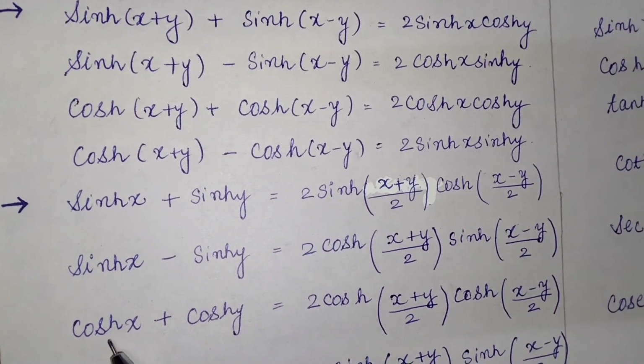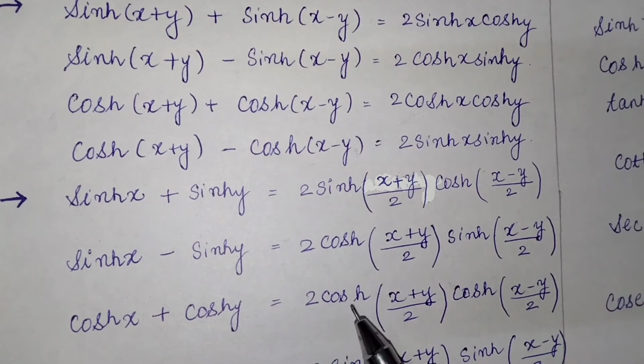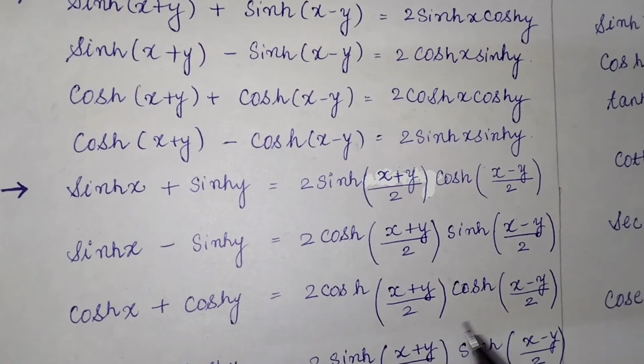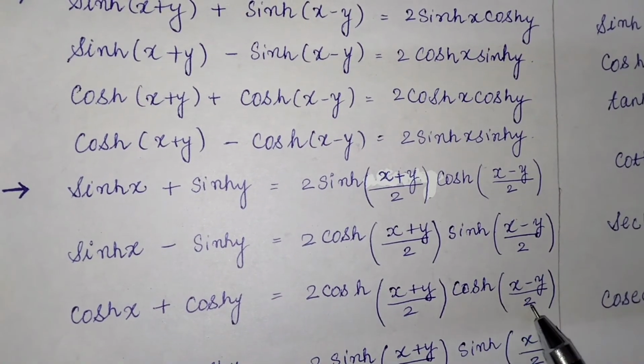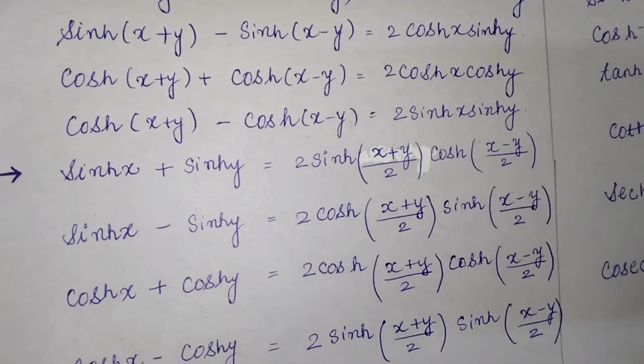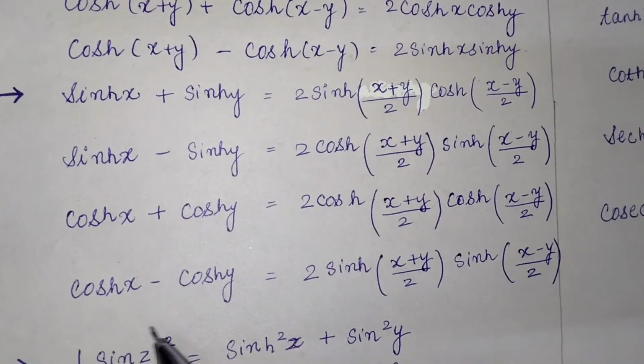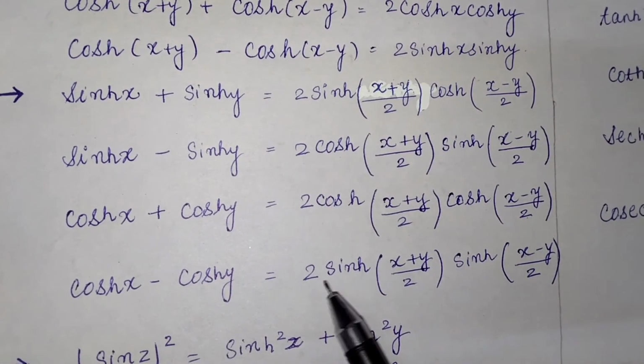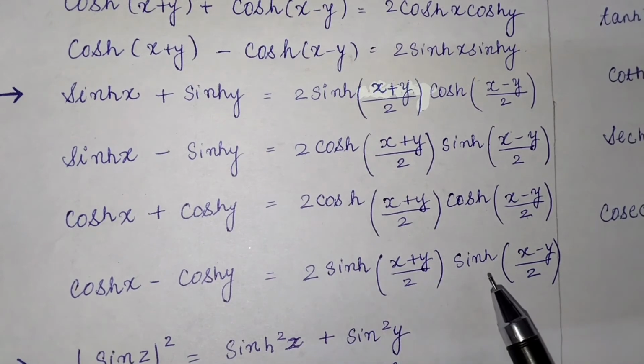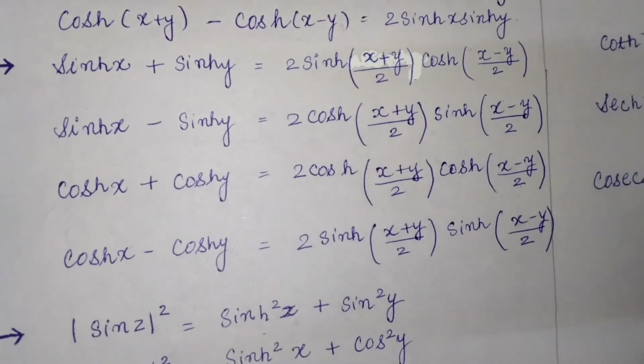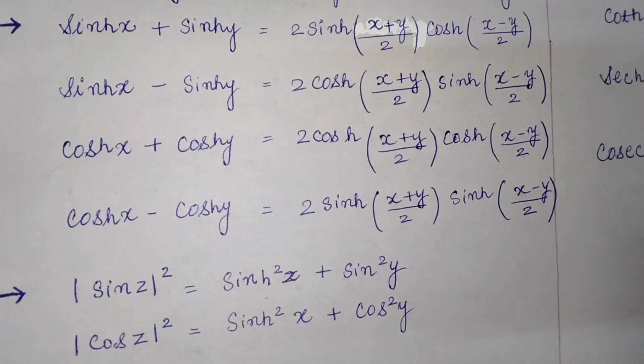Then for cos hx plus cos hy, you get 2 cos h of x plus y by 2 into cos h of x minus y by 2. And for cos hx minus cos hy, you get 2 sin h of x plus y by 2 into sin h of x minus y by 2. So these are the basic formulas which we are already using, but here they are in the form of hyperbolic functions.